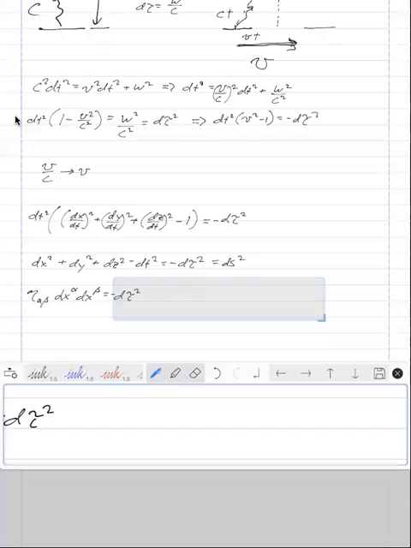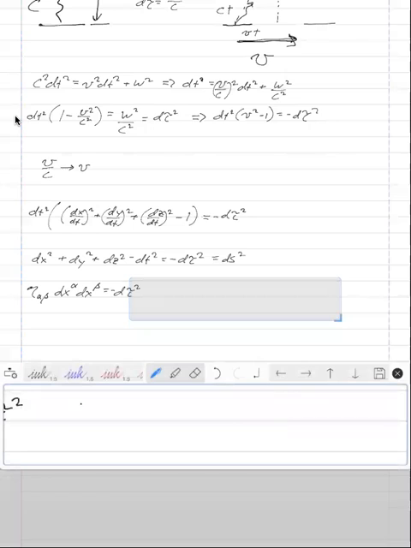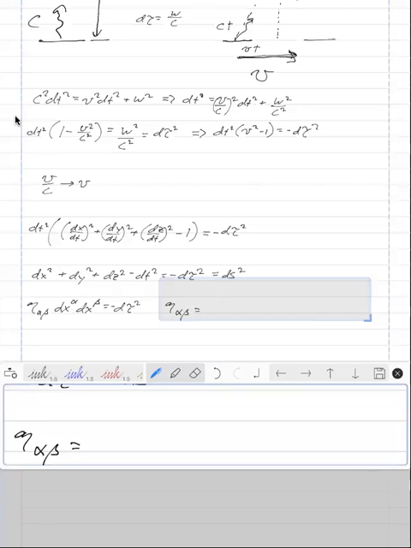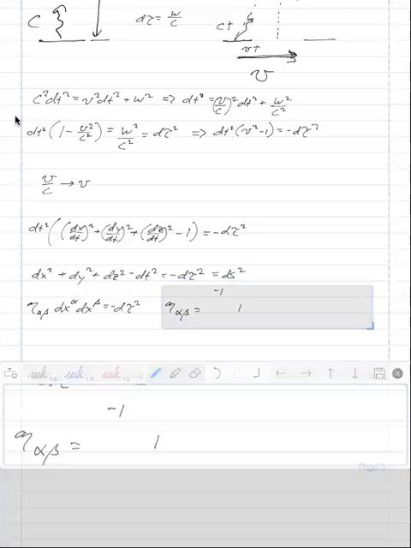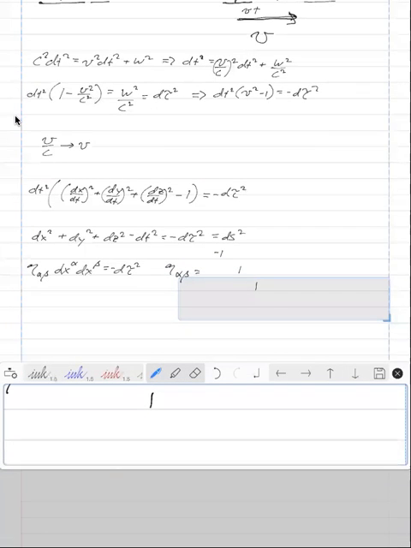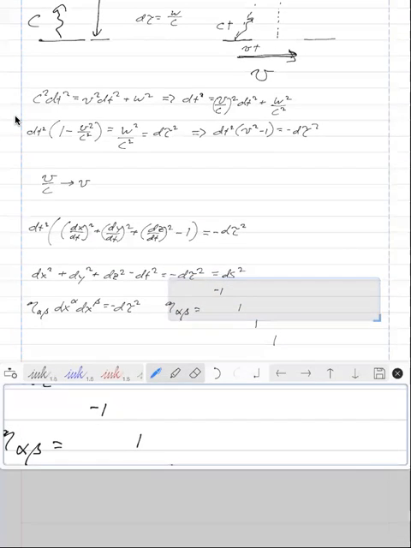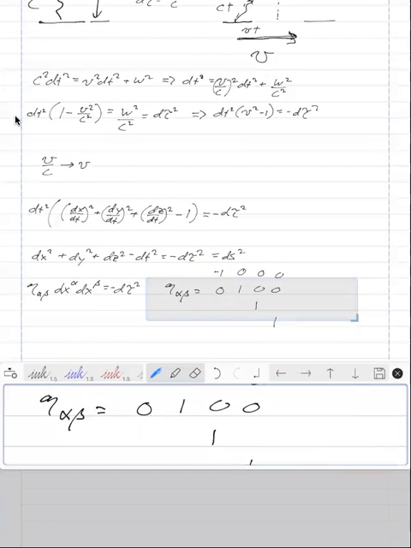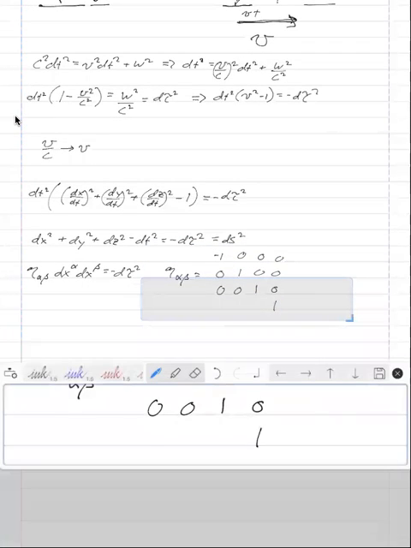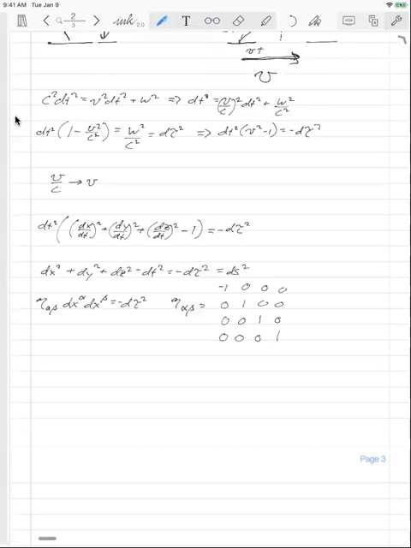By inspection, if the time component is 0, and then x is 1, y is 2, and z is 3, then we have the Minkowski metric, or the metric for special relativity, eta alpha beta, is equal to the diagonal matrix with entries minus 1, 1, 1, and 1, and 0 everywhere else. This is the Minkowski metric.